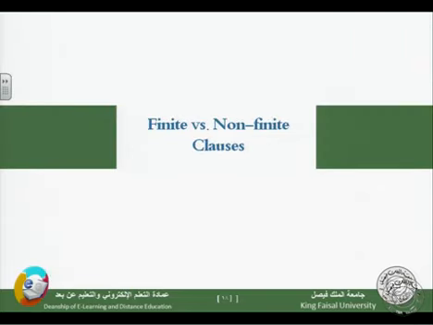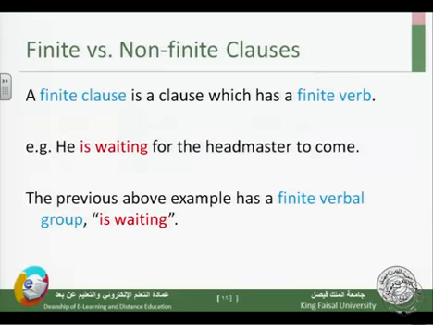Okay, finite versus non-finite clauses. We mentioned this briefly at the beginning of the lecture. We will come back to it here. So a finite clause is a clause which has a finite verb. Okay, so again, for a clause to be finite, it must have a finite verb. So for example, he is waiting for the headmaster to come.